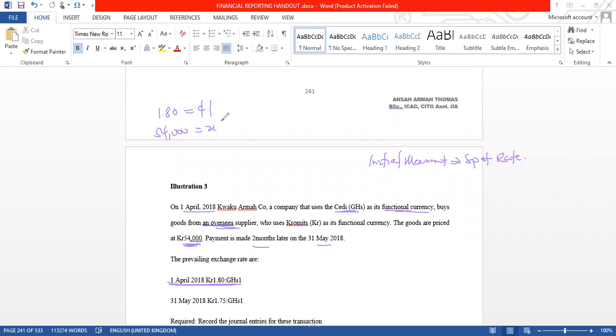X. So what is going to happen here is that you are going to do 54,000 divided by 1.8. All right, so that is what is going to happen. So you have 54,000. If you divide it by 1.8, how much are you getting? I am getting 30,000 here. So in April 2018, this gives us 30,000 Ghana cedis.